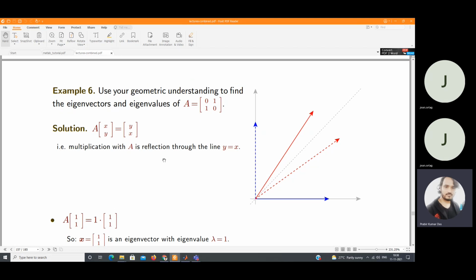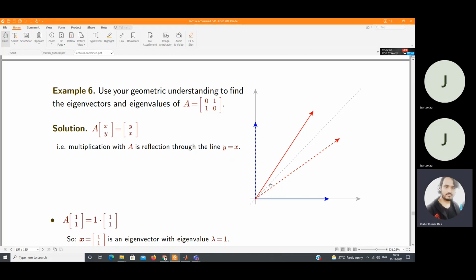Now if we multiply by A, xy is inverted and becomes yx. What is the geometrical significance of this? It produces a direction change, through the line. So it is a mirror reflection.